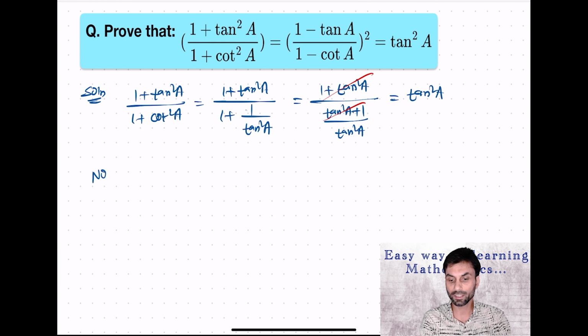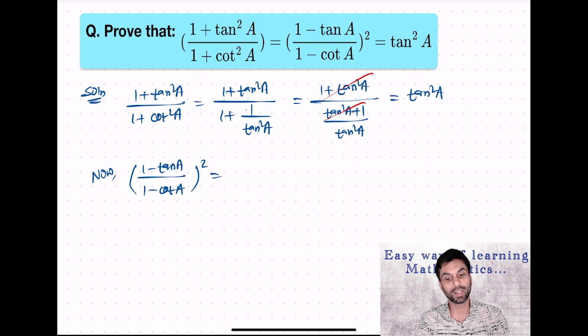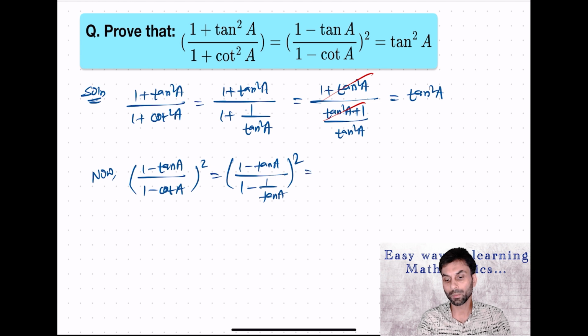Now we'll take ((1 minus tan A) upon (1 minus cot A)) whole square, and again we'll write cot A as 1 by tan A. We can write this as ((1 minus tan A) upon (1 minus 1 upon tan A)) whole square, which will be ((1 minus tan A) upon ((tan A minus 1) upon tan A)) whole square.